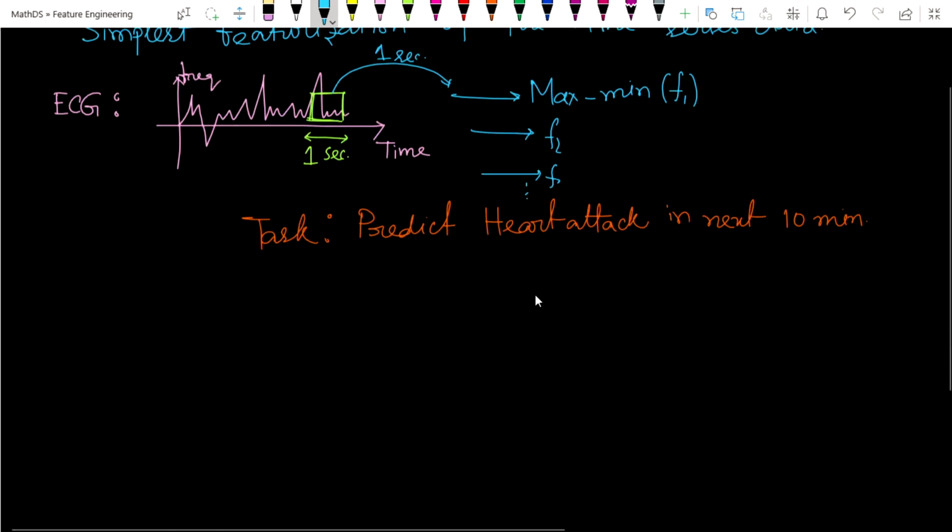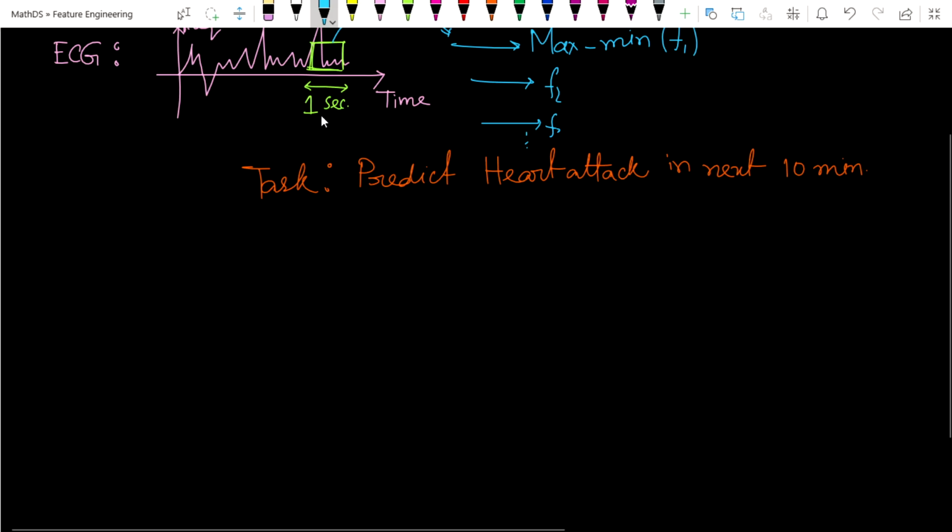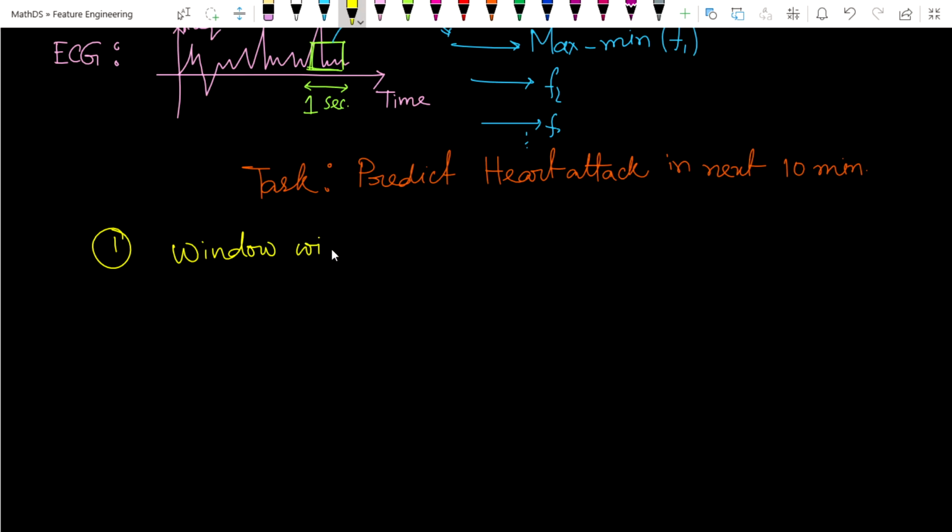So the first step we have to take is to decide what will be the window width. First step, we have to decide the size of the window width. The second step is that we have to consider the features that are useful for our tasks.